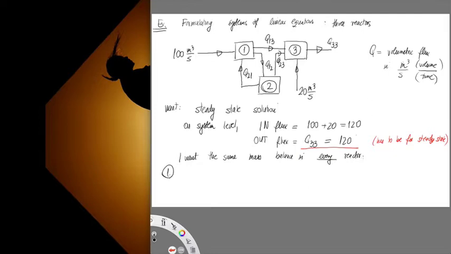So my reactor 1, what is coming in? 100 plus Q21. Let me actually continue where I stopped. So what's coming in, what's coming out of reactor 1?